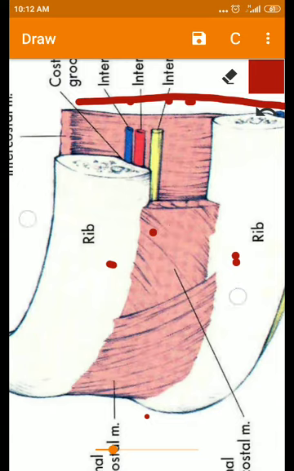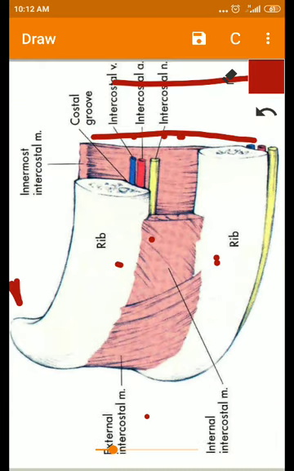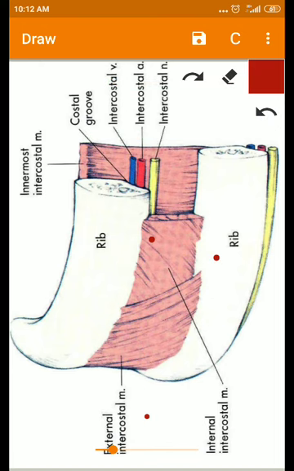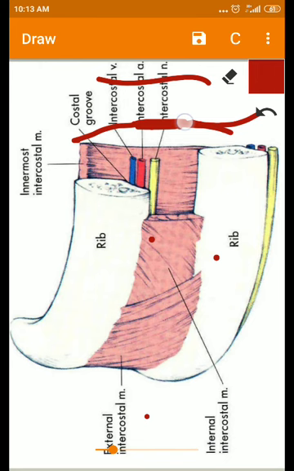So again we will see this internal intercostal muscle. In each intercostal space, it extends from the lateral margin of the sternum. Here you have the sternum, lateral margin of the sternum.